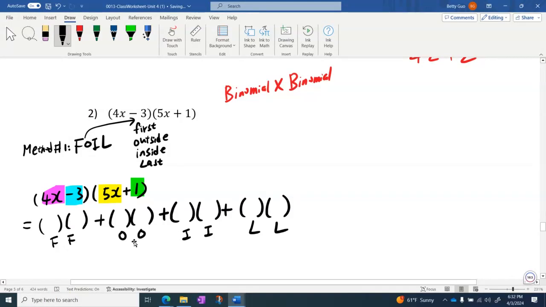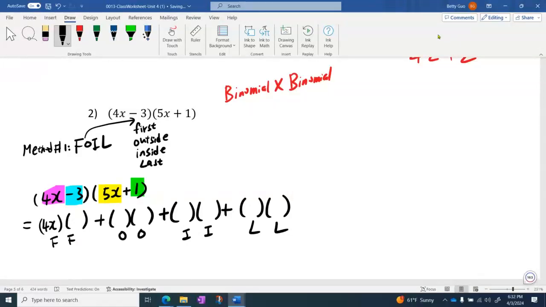This is an addition of 4 parts, so we have 3 addition symbols, and each part is a product of 2 terms. Get the structure set up, and then fill in those blanks. You should have 8 blanks to fill.